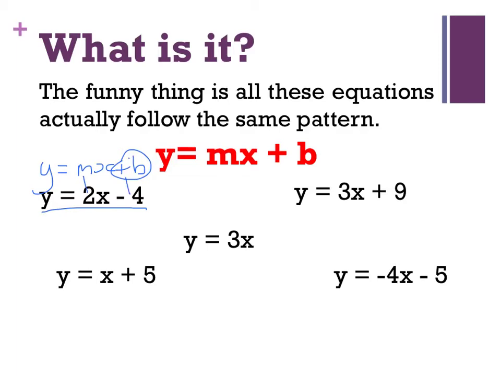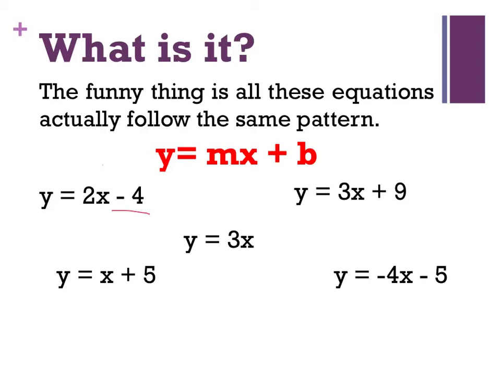Instead of being a positive number, it's actually negative 4. So what this equation is saying is that my gradient for this line is 2, and my line is cutting my y-axis at negative 4.